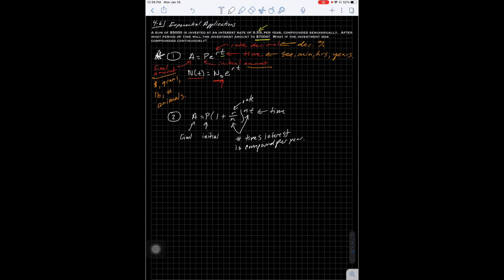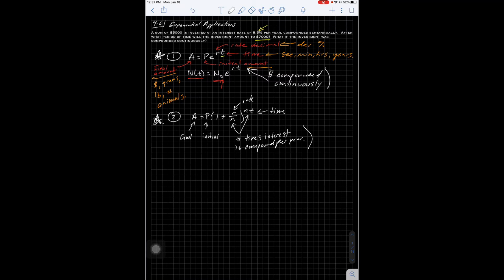Okay, that's what the n value is. Now, if you get a problem that says that your money is compounded continuously, that means every second of every day, then this is your equation, A equals P e to the rt. So when you have a finance problem, these are your two options, and the way that you tell which one you're going to use is how often interest is being calculated per year.